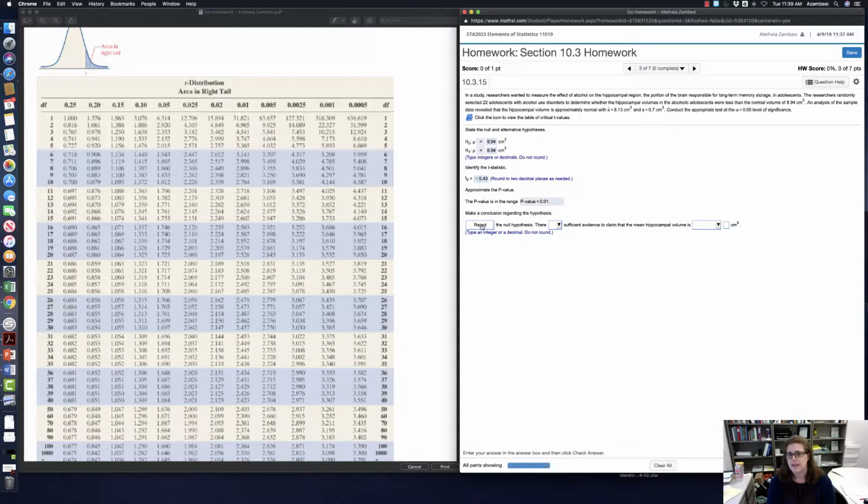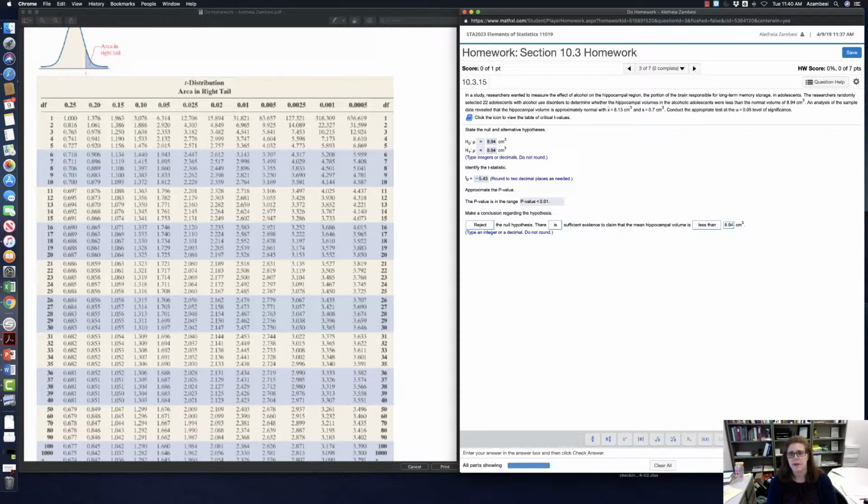So anytime we reject, we do have evidence. Rejecting in statistics is almost like a good thing. We're proving with a margin of error that whatever this is, we're assuming is true. So there is sufficient evidence to claim that the volume is less than, this is what we're testing, 8.94.